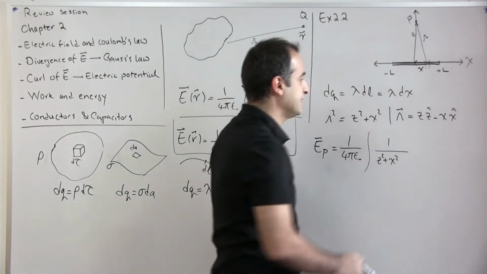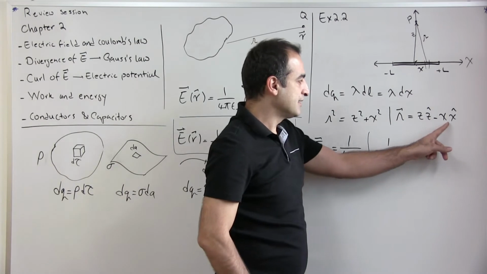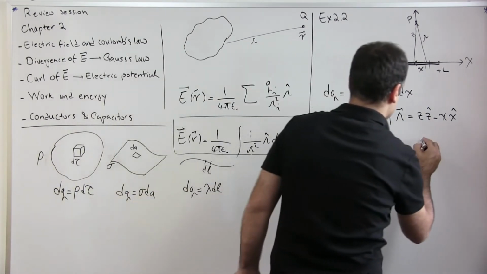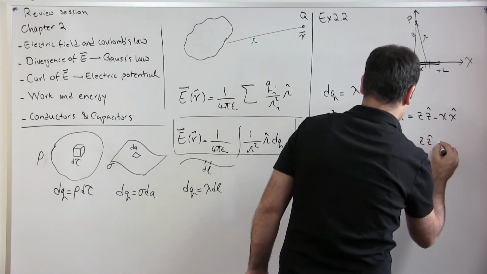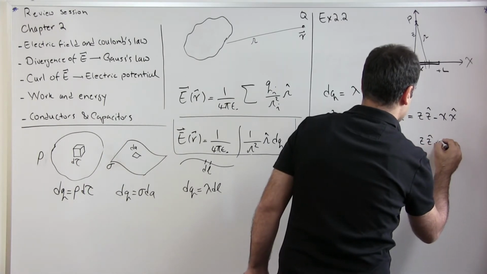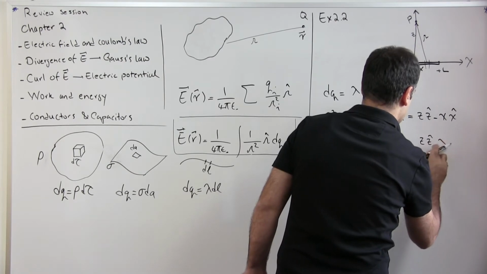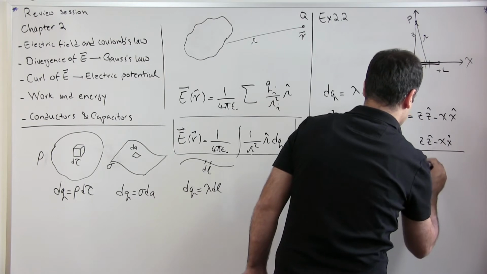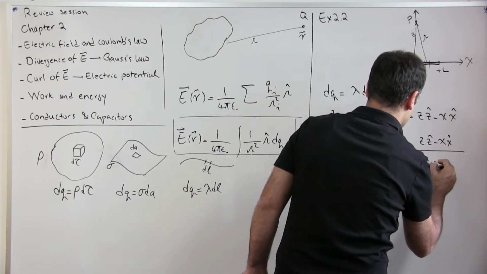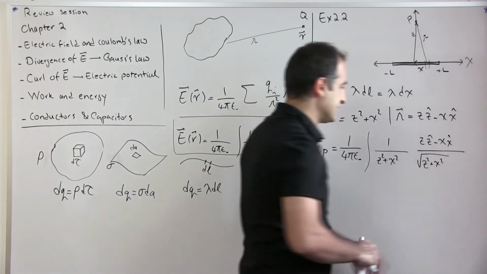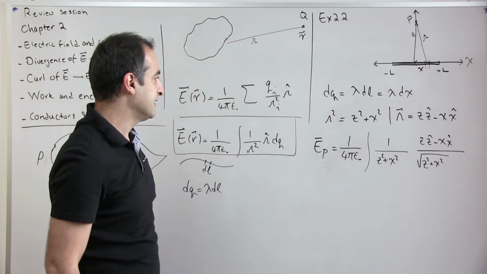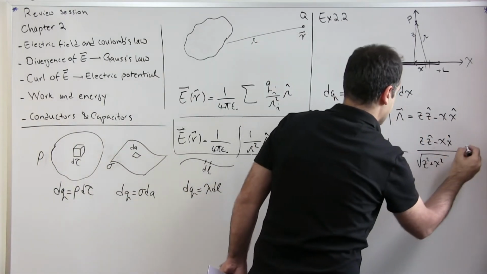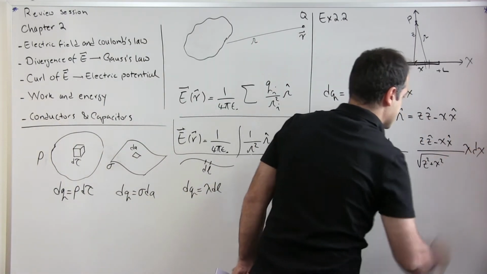So R as a vector is Z times Z hat minus X times X hat. That makes R hat equal to Z times Z hat minus X hat, divided by the square root of Z squared plus X squared, which is the length of R. And then dq is lambda dx, so we have lambda dx at the end.